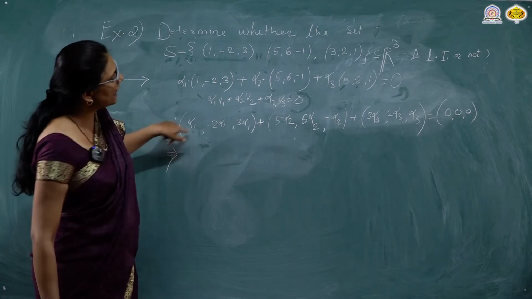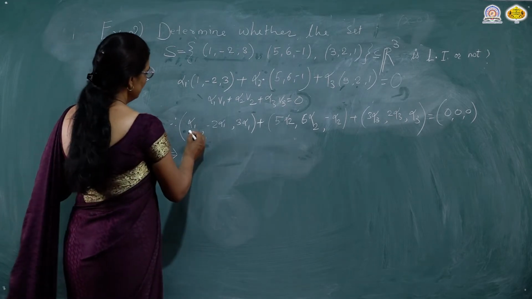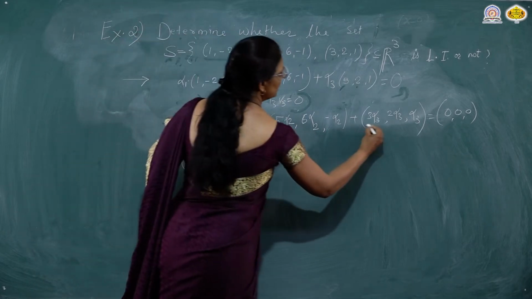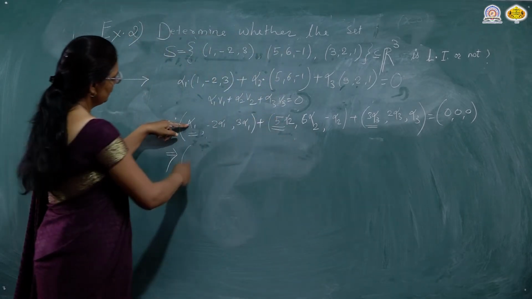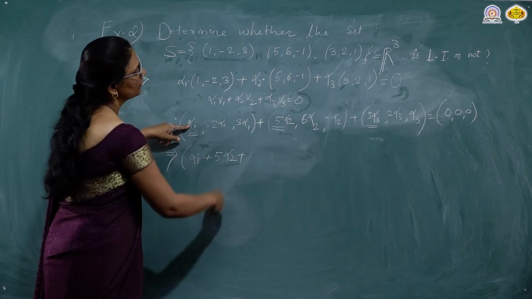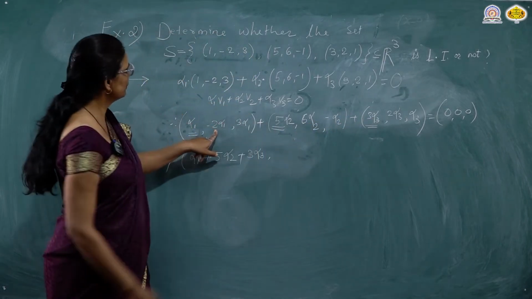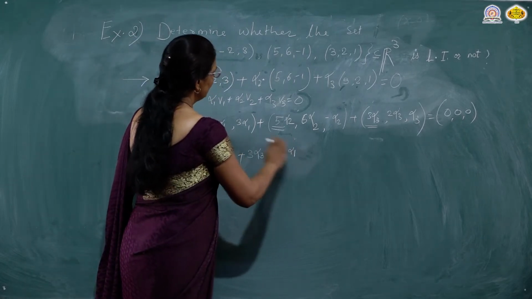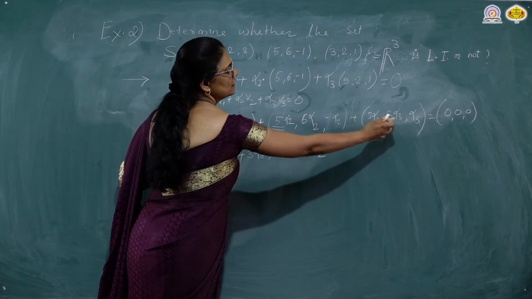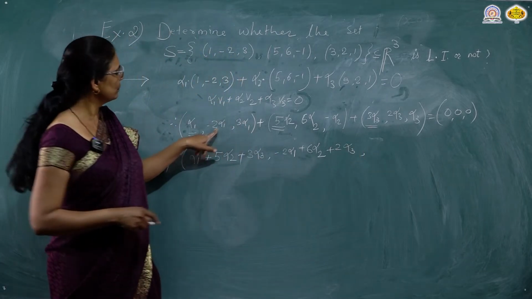Now we add all these 3 vectors in the left hand side, component wise addition. The first component is alpha 1 plus 5 times alpha 2 plus 3 times alpha 3. The second component is minus 2 times alpha 1 plus 6 times alpha 2 plus 2 times alpha 3. Similarly write the last component.